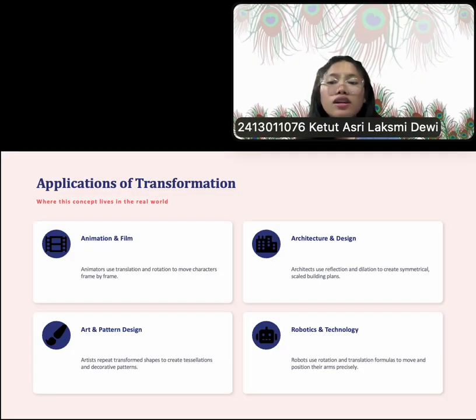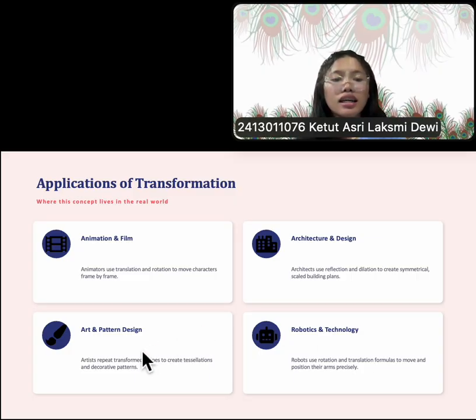Now, let's talk about why this topic is important. Where do we actually use transformation in real life? First, in animation and film. Animators use translation and rotation to move characters smoothly, frame by frame. And second, in architecture and design. Architects use reflection and dilation to create symmetrical building plans and to scale their designs up or down.